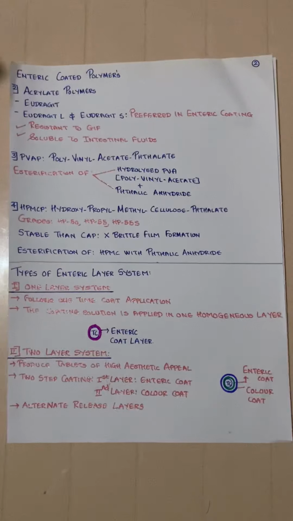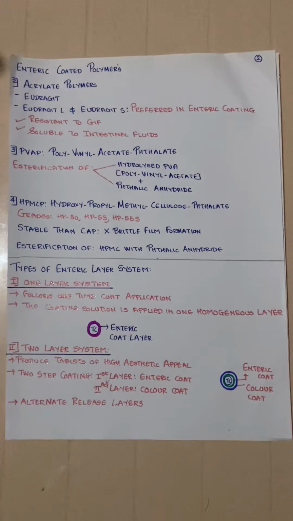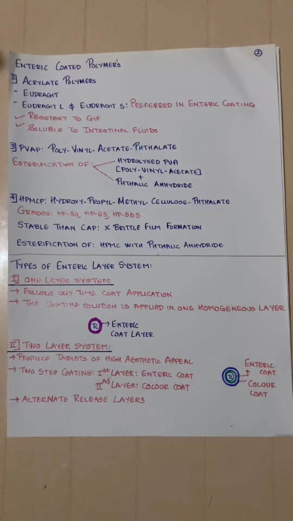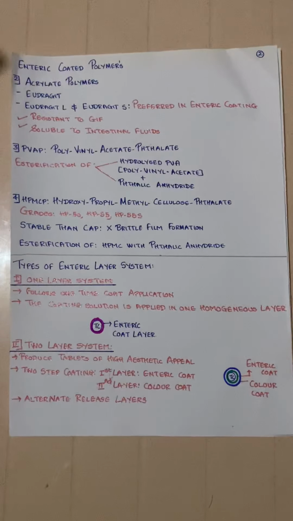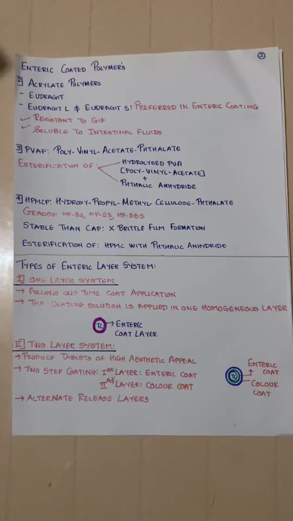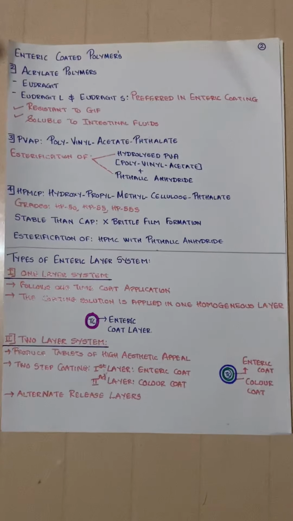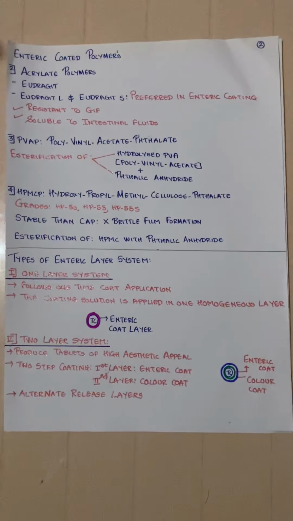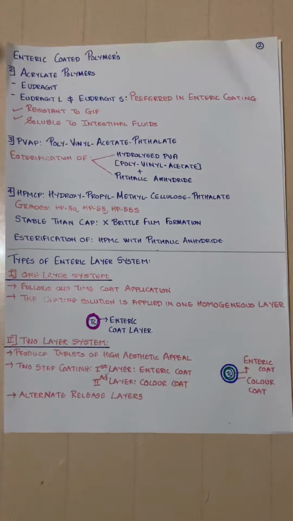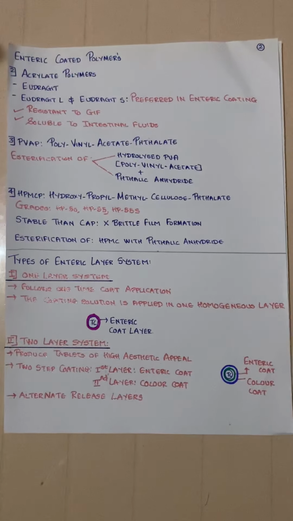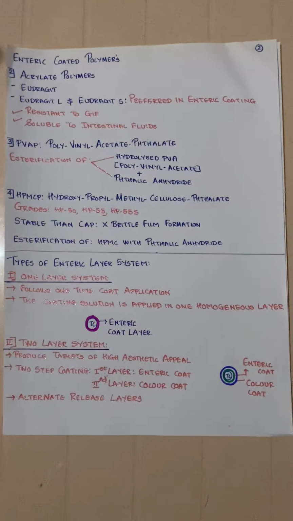As the tablet comes in contact with the intestine, it slowly starts getting disrupted, that is, only the color coat is disrupted. But as the tablet goes into the intestine, the enteric coated layer starts dissolving and now the tablet is ready to produce its effect.